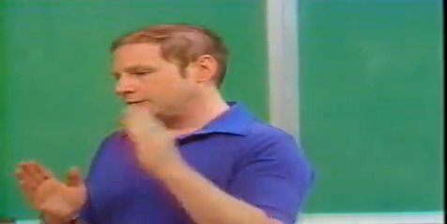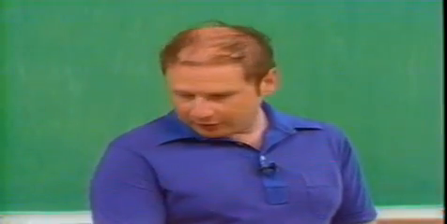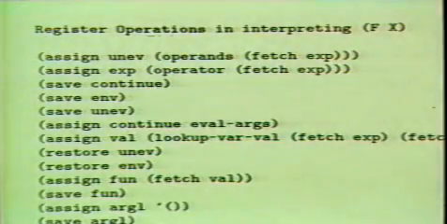And if you start looking at the code, you start seeing some register operations. You see assign to unev the operands, assign to exp the operator, save the environment, and so on. Well, if we look on the overhead here, we can see those operations starting to be produced. Here's sort of the first real operation that the evaluator would have done.